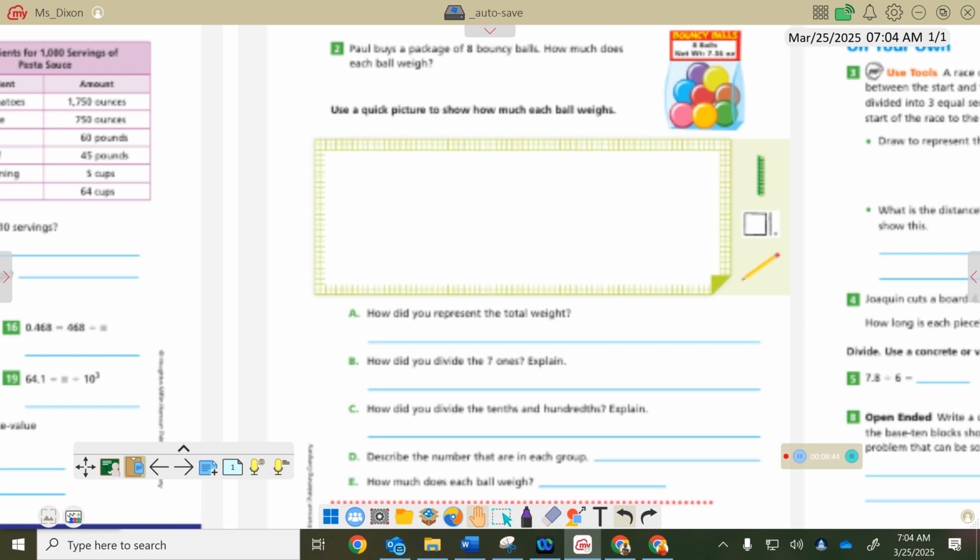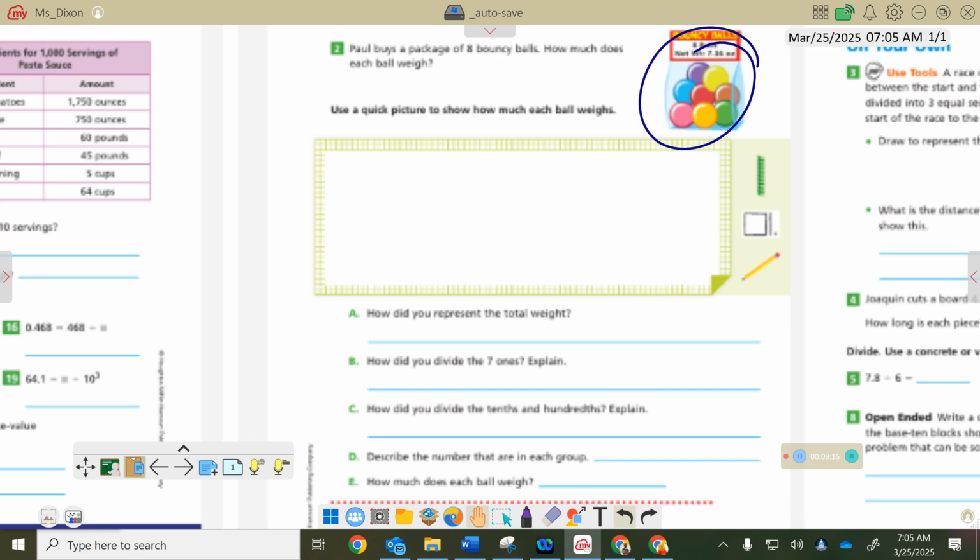All right, on page 427, it says, Paul buys a package of 8 bouncy balls. How much does each ball weigh? Looking at your picture of your bouncy balls, we see that the weight is 7 and 36 hundredths ounces.